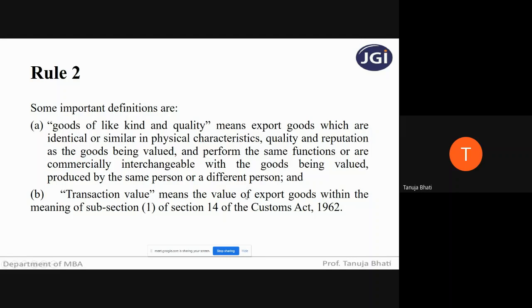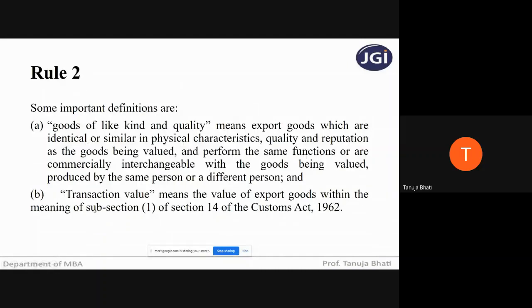Transaction value means the value of export goods within the meaning of sub-section 1 of section 14 of the Customs Act 1962. In some of my previous lectures, I have told you that the transaction value under section 14, sub-section 1 means the price actually paid or payable on the sale of the goods. Correct. So this is the meaning of transaction value given as per rule number 2.